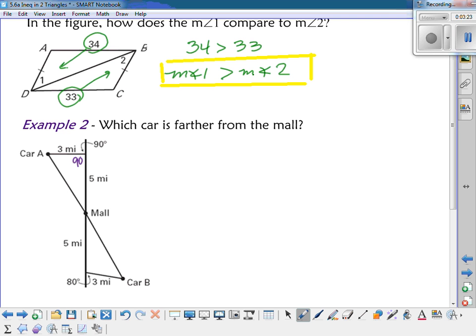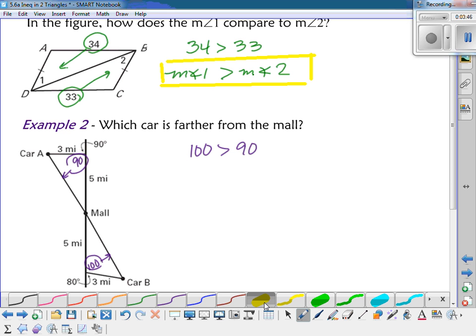And down here by car B, I've got 80 degrees, so the interior angle is 100 degrees. When we're talking about the distance from the car to the mall, 100 degrees is greater than 90. Therefore car B would have to be further apart.